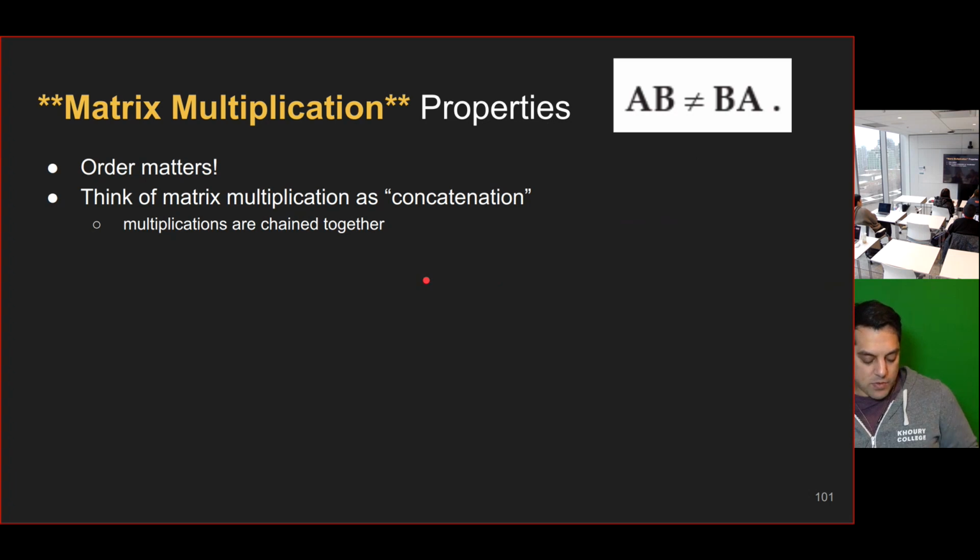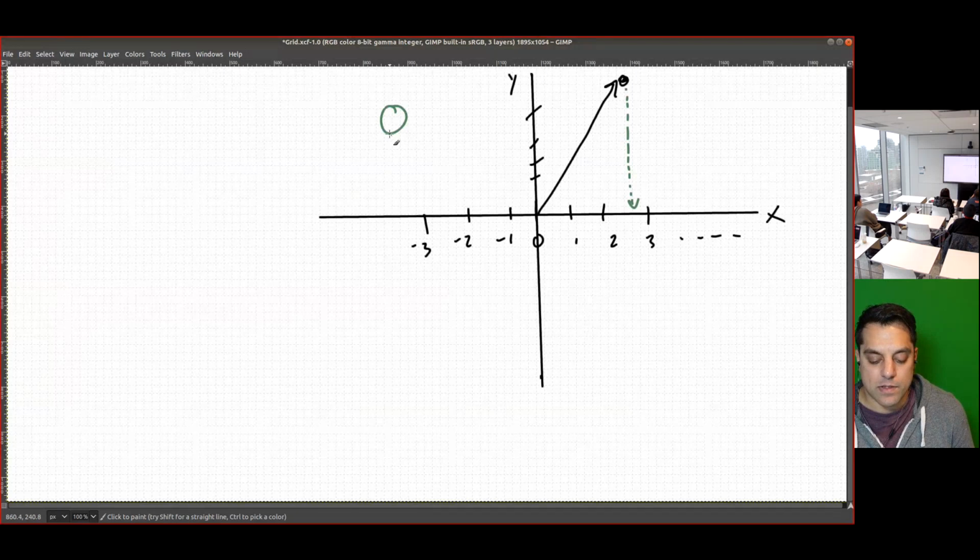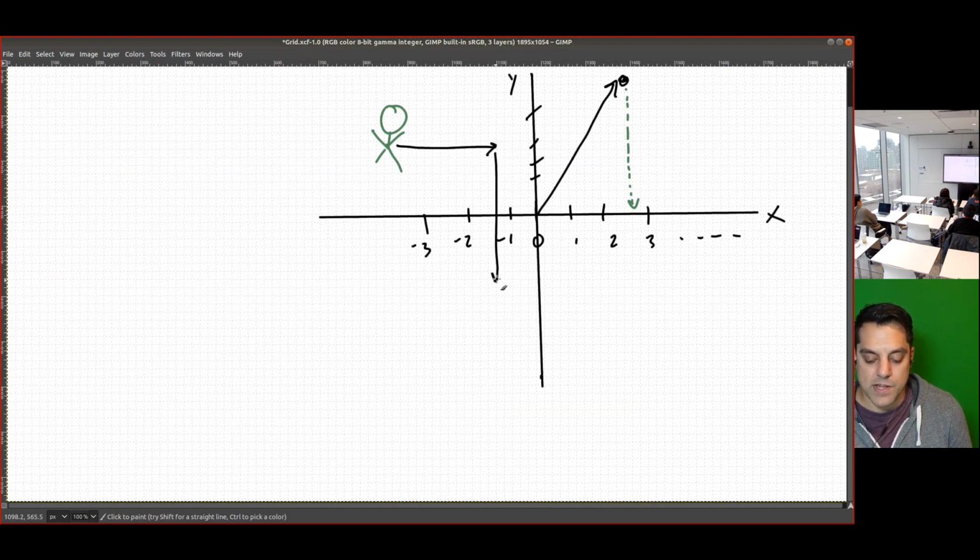objects. Okay. So meaning that, again, if I have some object here and I want to translate them here and then rotate my object, I don't know, 90 degrees or something so that they're in some other orientation, that's going to be a lot different than if I rotate the object first and then move them over.